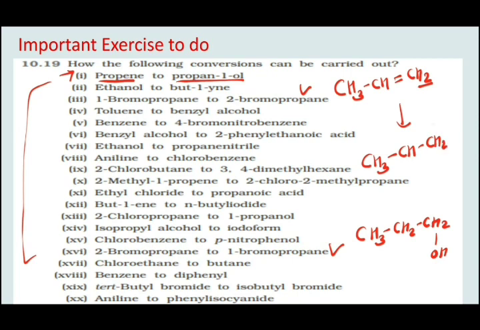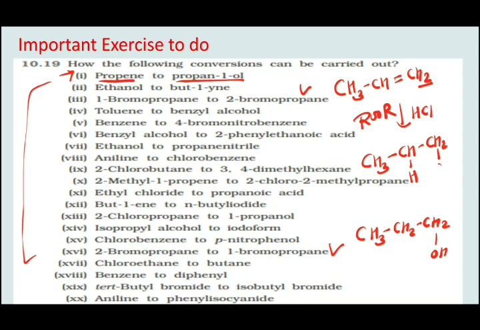CH3CH=CH2. If we simply take HX, then hydrogen will be added here and halogen will be added at this carbon, which is called Markovnikov product. But if we take peroxide, then anti-Markovnikov product is formed. That means now X will be added here and hydrogen will be added here. Let's suppose it is HCl.